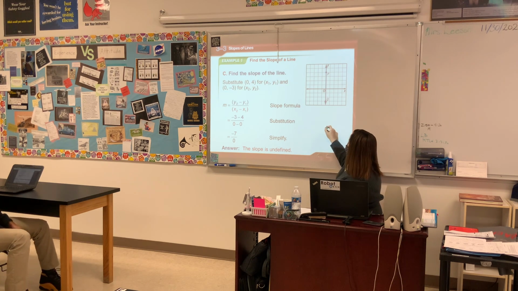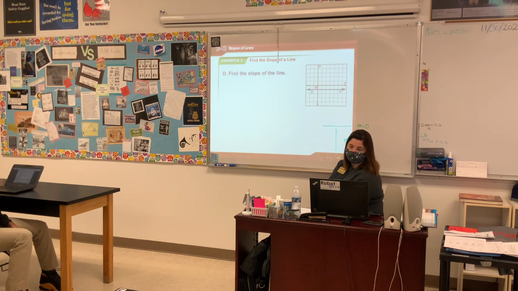So as soon as I see something that's horizontal, I go, oh, m is 0. If I see vertical, m is undefined. What's the slope of this line? No slope, it has 0. Slope is 0. Why? Because we have 0 divided by some number, which is still 0.